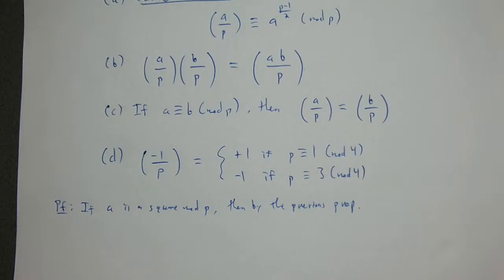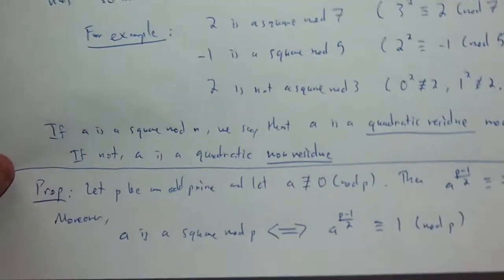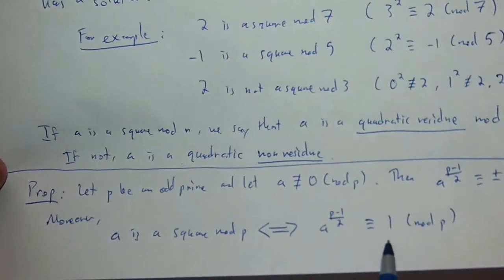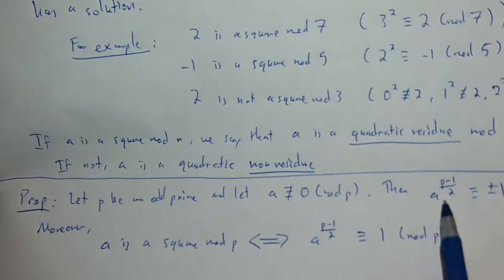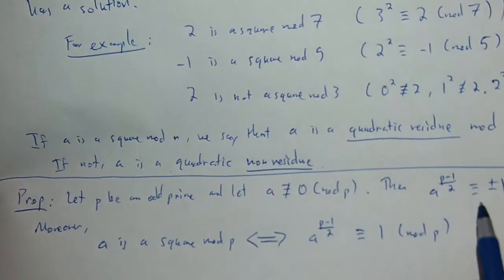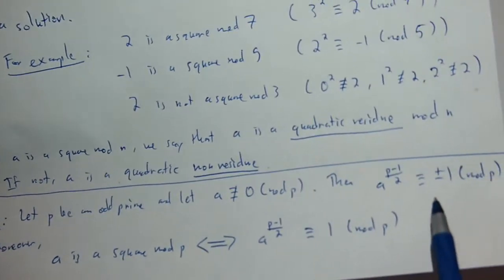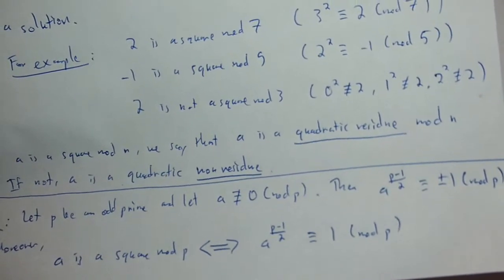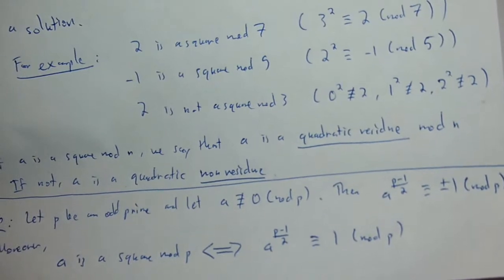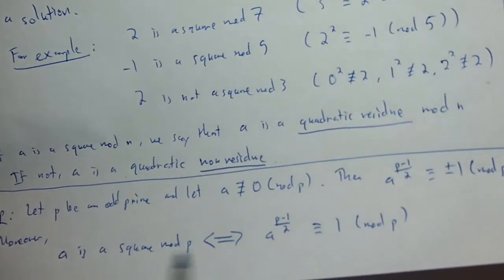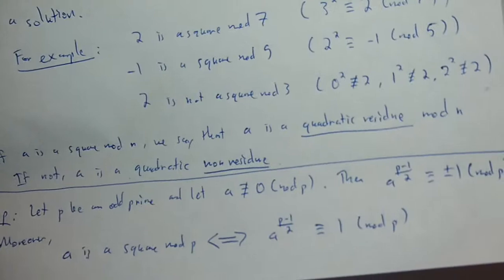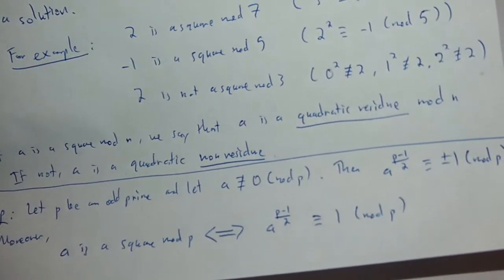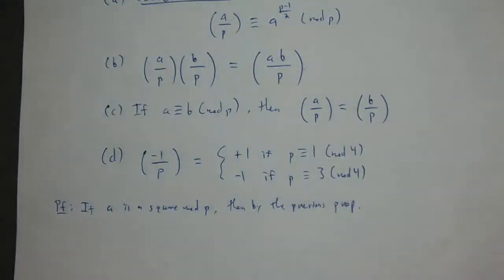The previous proposition said A is a square mod P if and only if A to the P minus 1 over 2 is congruent to 1 mod P. Otherwise, A to the P minus 1 over 2 is always congruent to plus or minus 1 mod P. So narrowing this down tells me exactly what's going to happen if A is not a square mod P. That's the point. Right, so this is exhaustive. So I could have stated this in another way: A is not a square mod P if and only if A to the P minus 1 over 2 is congruent to minus 1 mod P.